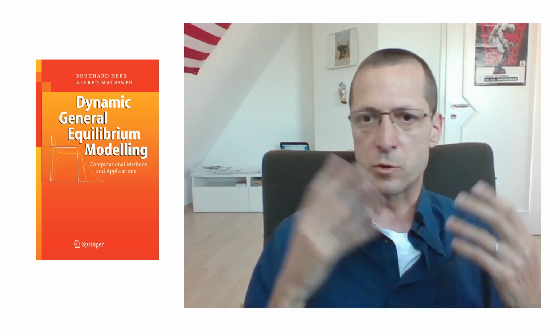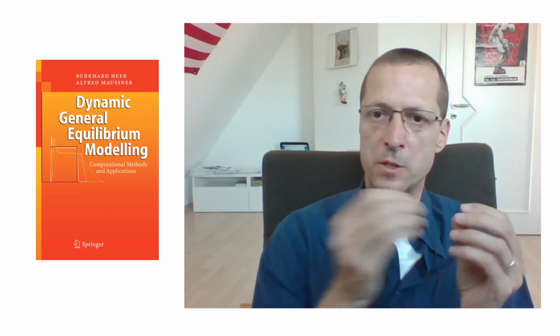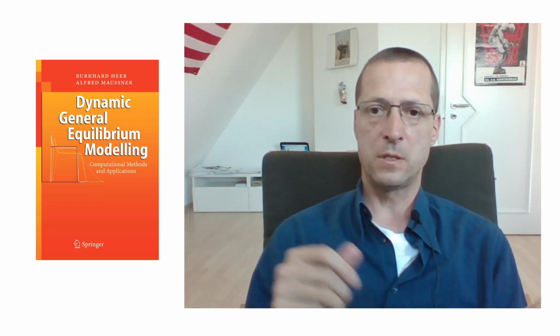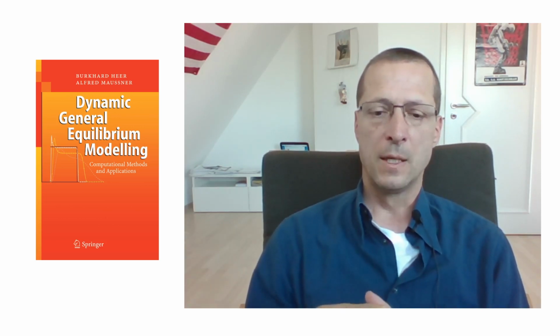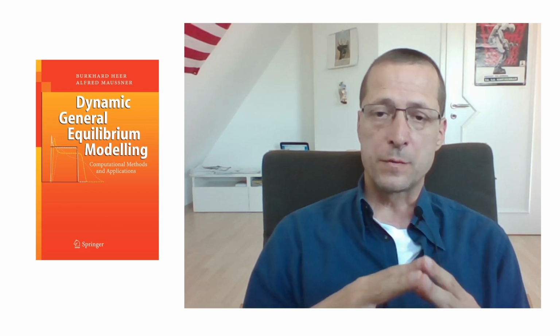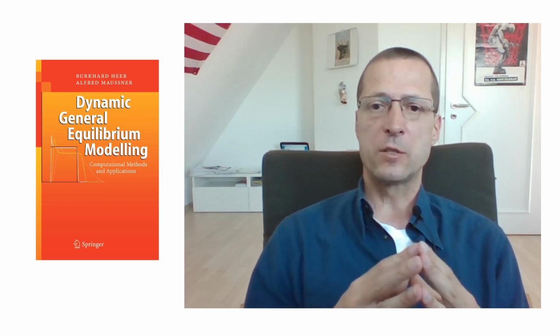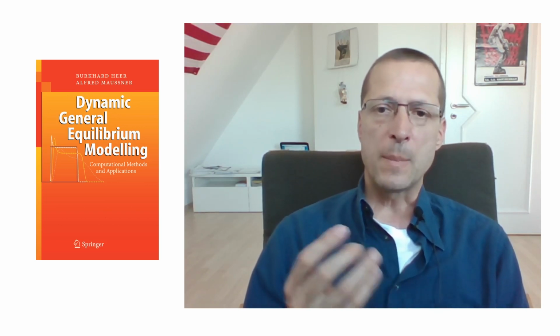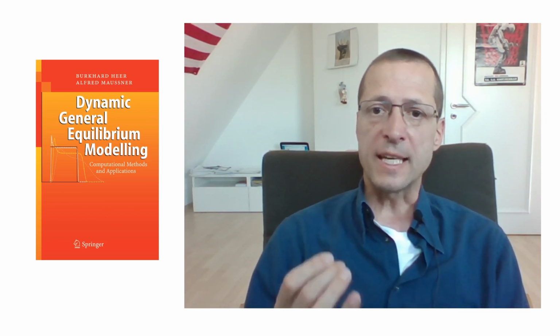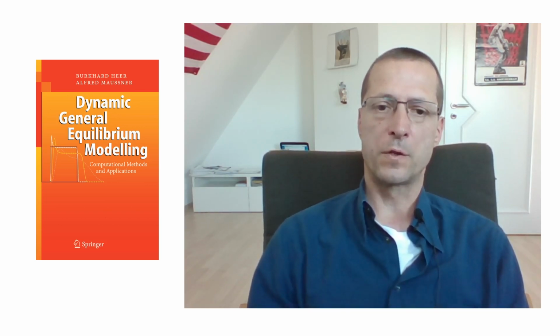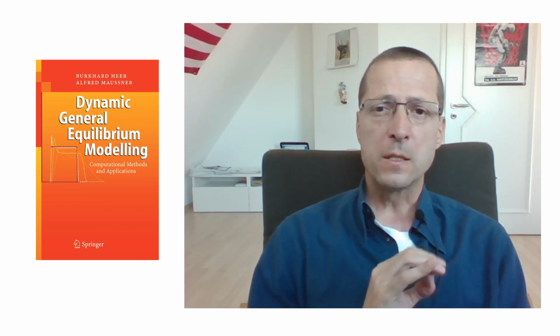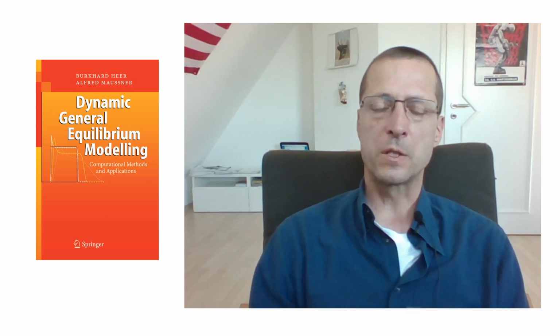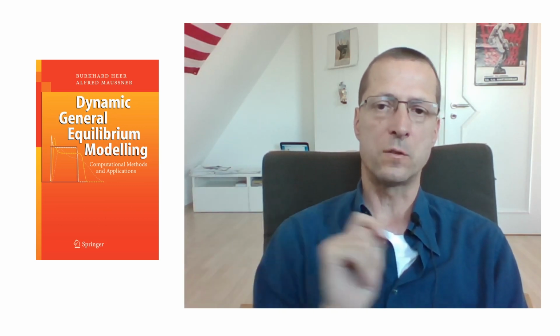So just one or two or three productivity types, but not switch in productivity types. And sometimes if you have large-scale overlapping generation models with a couple of hundred variables, you have to come up with an initial guess for the solution of this nonlinear equation problems. And this is by no way trivial. And we will consider this in the next video, in the next two videos.